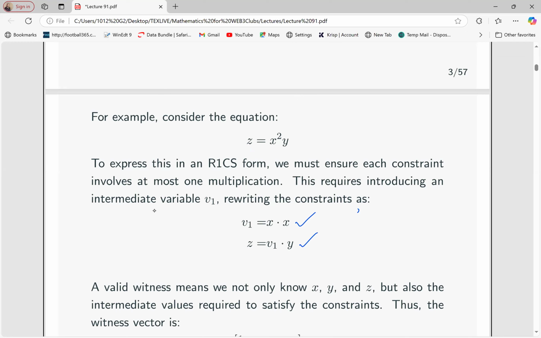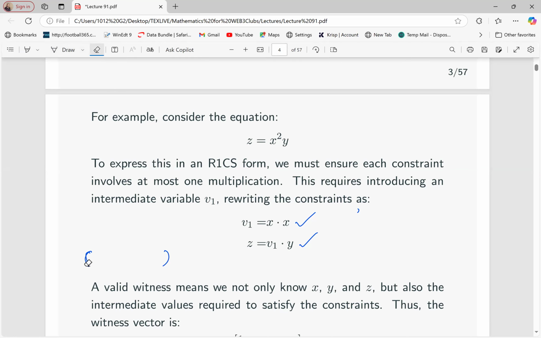Remember, we talked of the witness being a vector, 1 row and several columns. So let's just identify how many inputs. Now, what are our witnesses here?